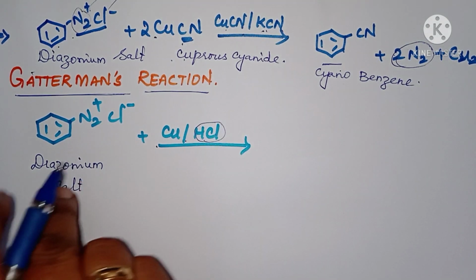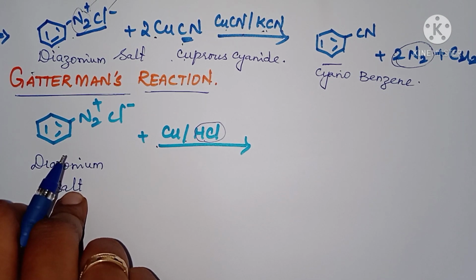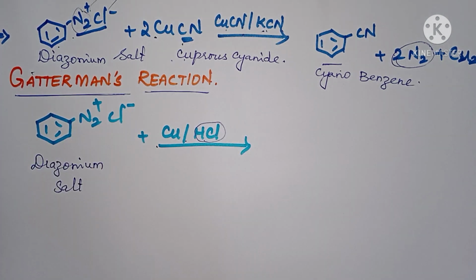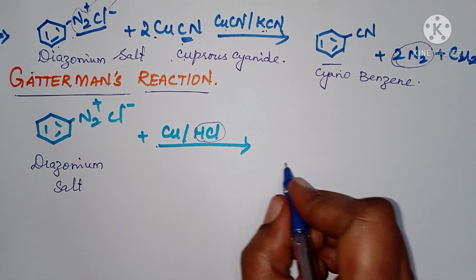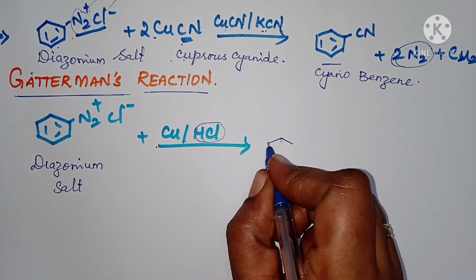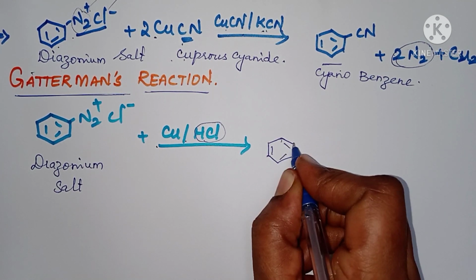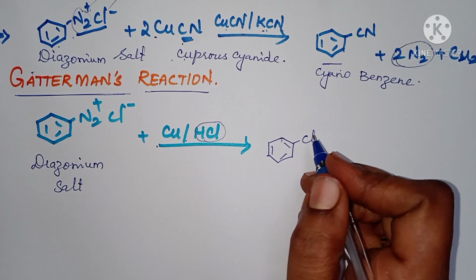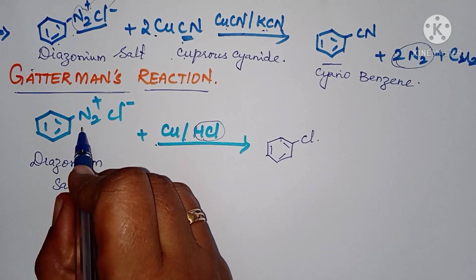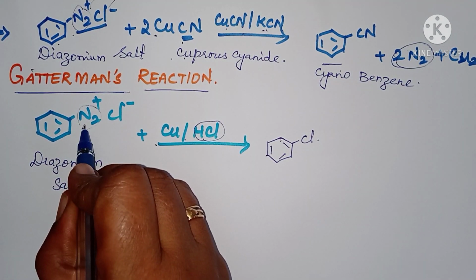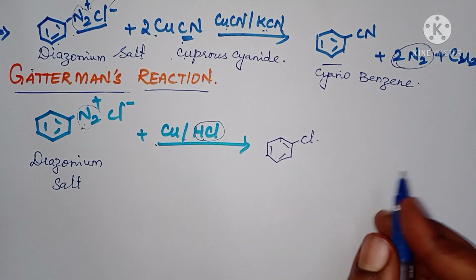So Gattermann's reaction also comes under removal of the azo group. So what are you going to receive? You are receiving chlorobenzene. Yes, it is correct, chlorobenzene, because you are removing the nitrogen group and the rest you can write as it is.